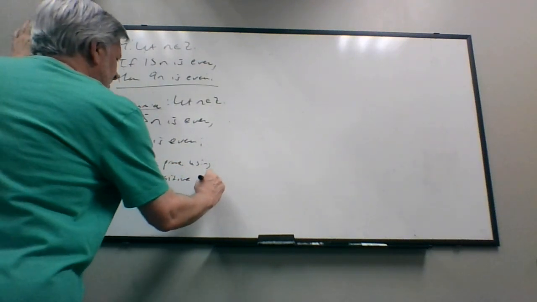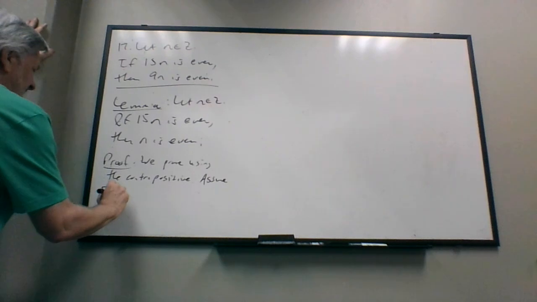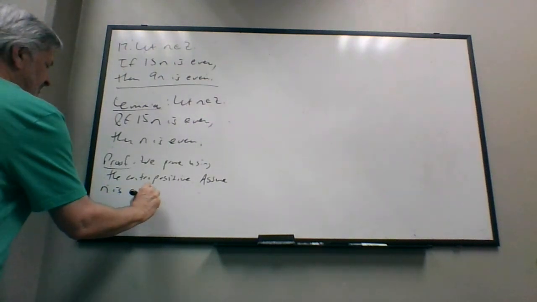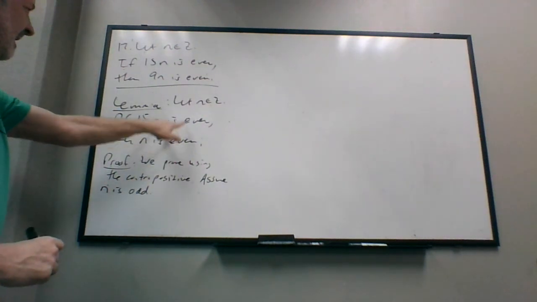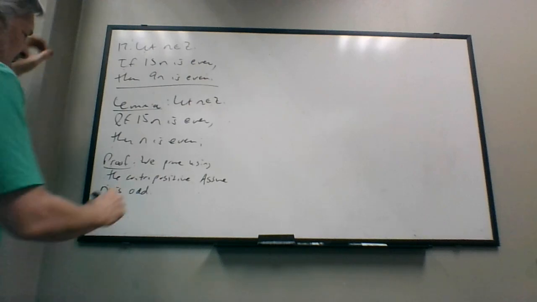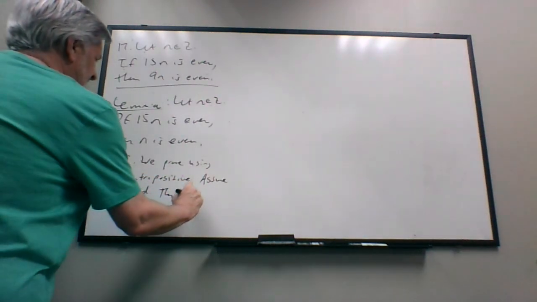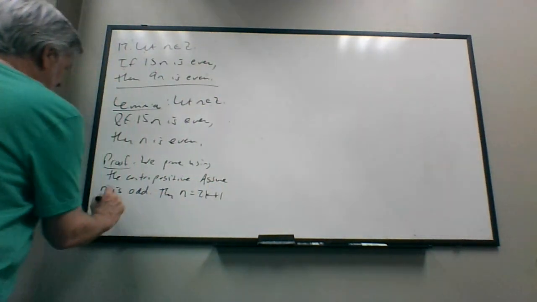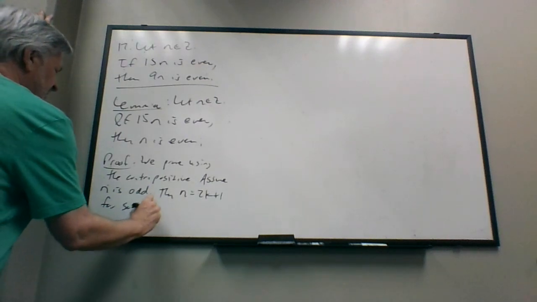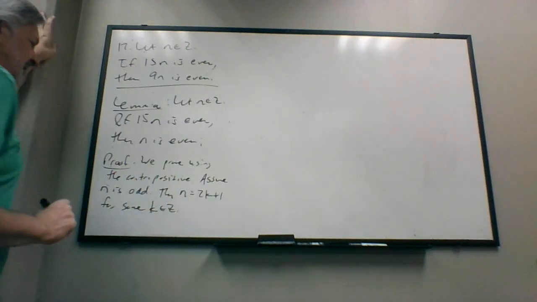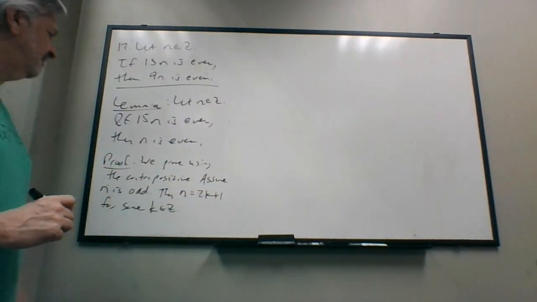So assume n is odd, the negation of this, and I need to show 15n is odd. Then n is 2k plus 1 for some k in Z. If n is odd, that's the definition of odd.